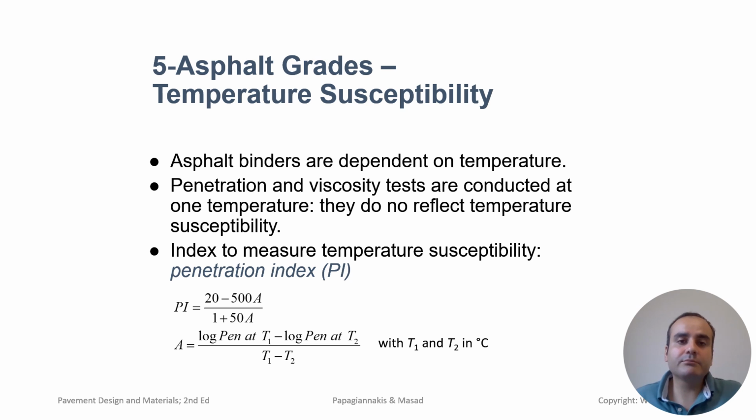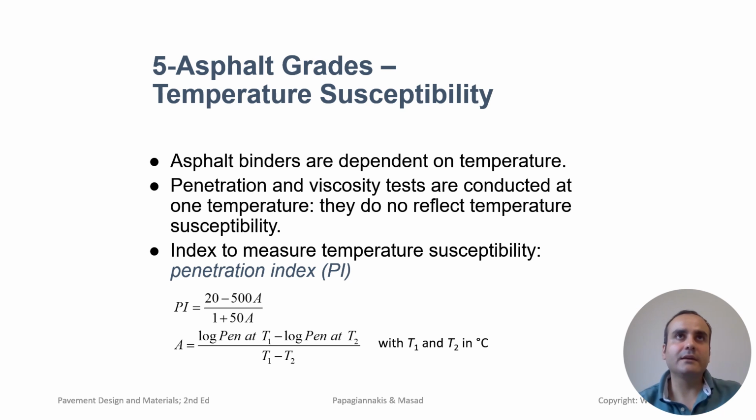A higher penetration index value, or a higher PI value, indicates lower temperature susceptibility, meaning the binder is more resistant to softening at high temperatures and hardening at low temperatures. A lower PI value indicates higher temperature susceptibility, meaning the binder is more sensitive to temperature changes.